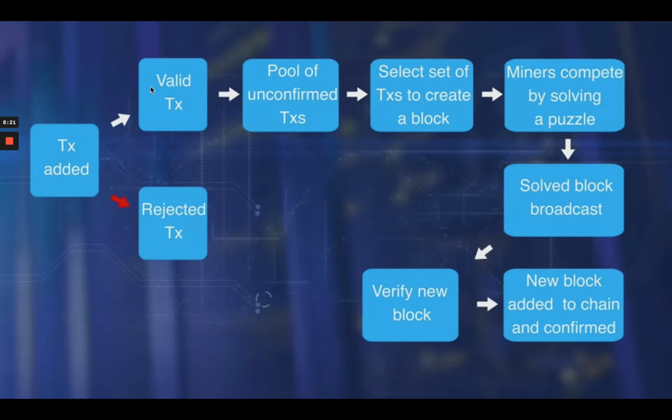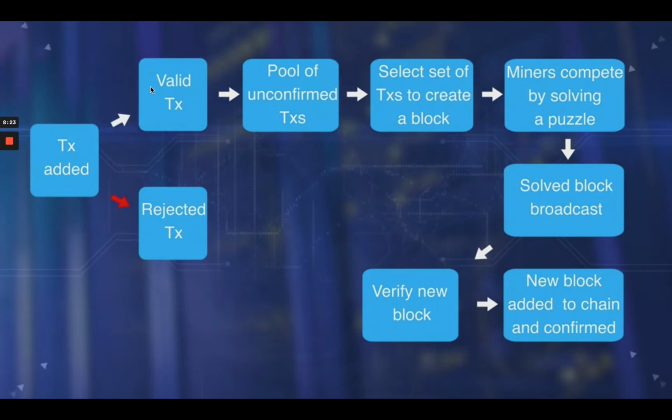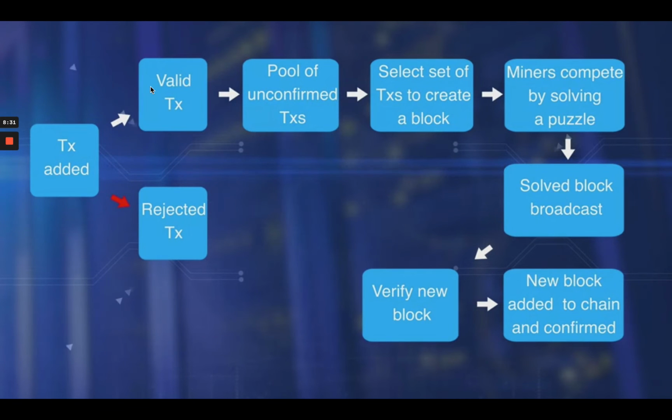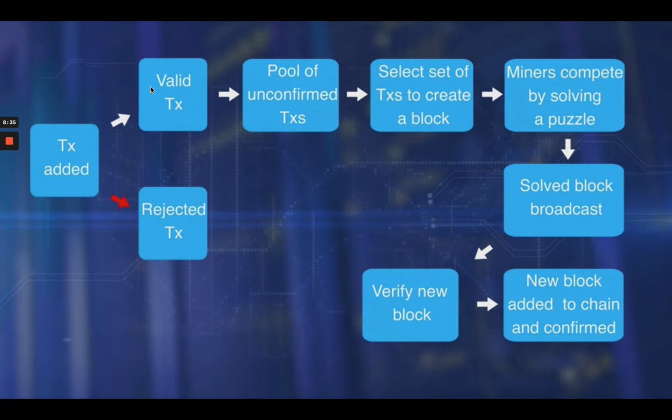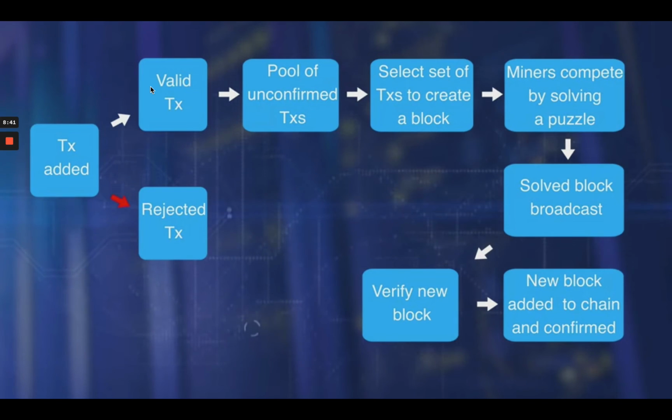The solution? Miners compete in solving a puzzle to determine who will earn the right to create the next block. In the case of Bitcoin blockchain, this puzzle is a computational puzzle and is central processing unit, or CPU, intensive. Once a miner solves the puzzle, the announcement is broadcast to the network and the block is also broadcast to the network.